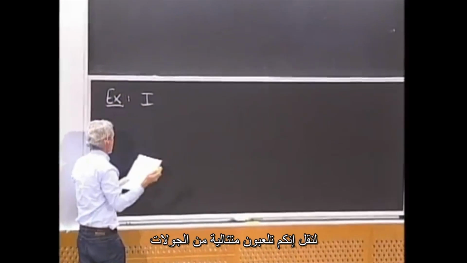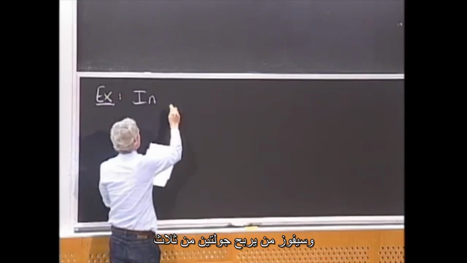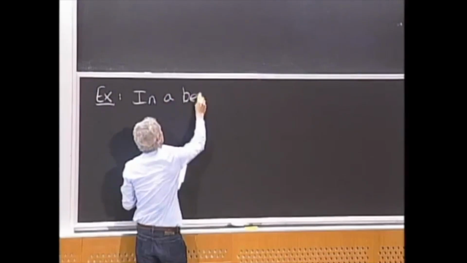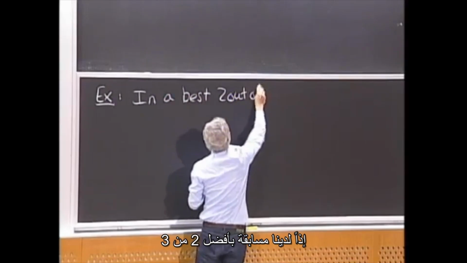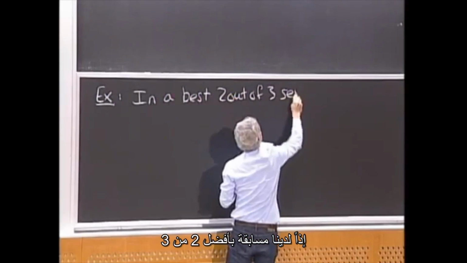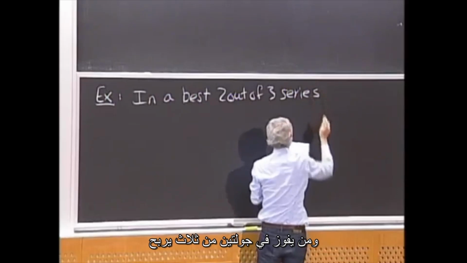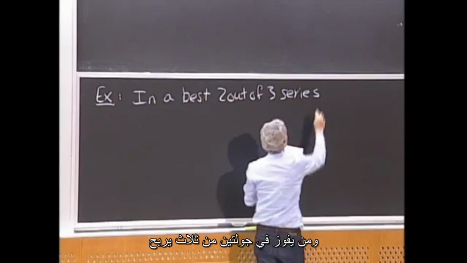Say you're playing a playoff series, and you're going to play best 2 out of 3. So whoever wins the first 2 games wins the series.